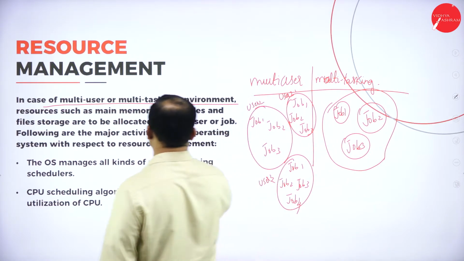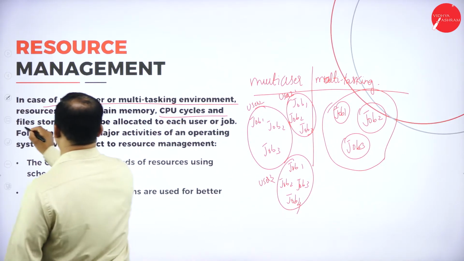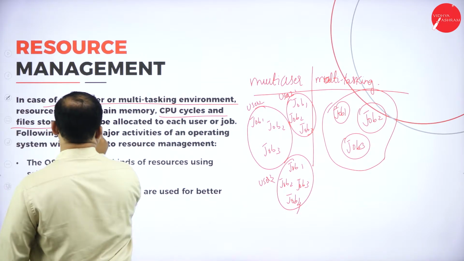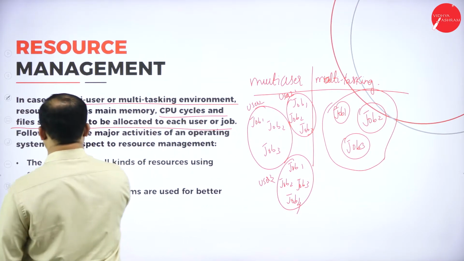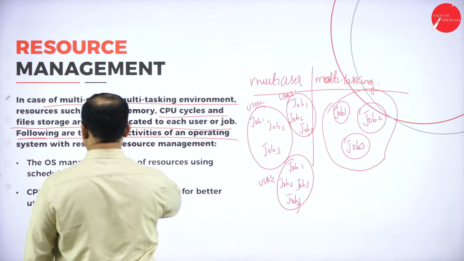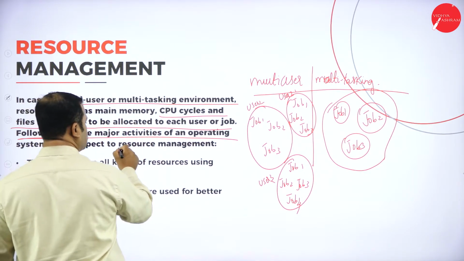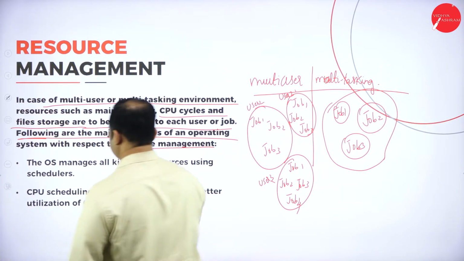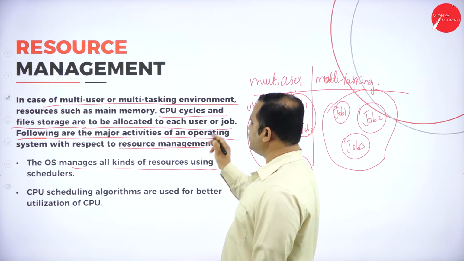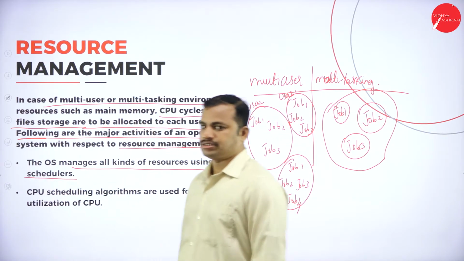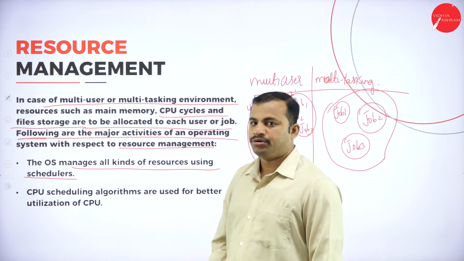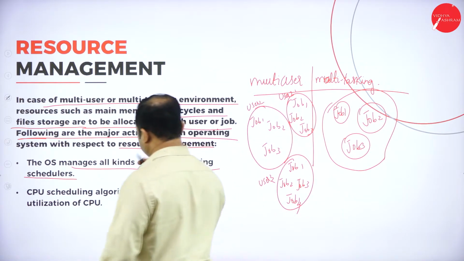If that is the case, CPU cycles and file storage are to be allocated to each user or job. Following are the major activities. Which are those activities? In case of resource management, the OS manages all kinds of resources using schedulers, whether it is a long-term scheduler or a short-term scheduler. It does not matter.